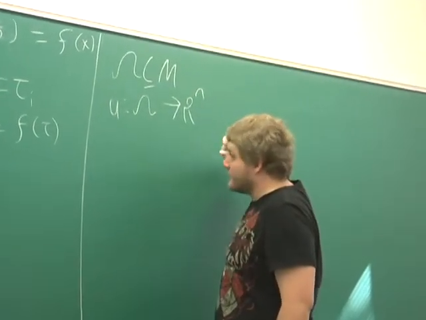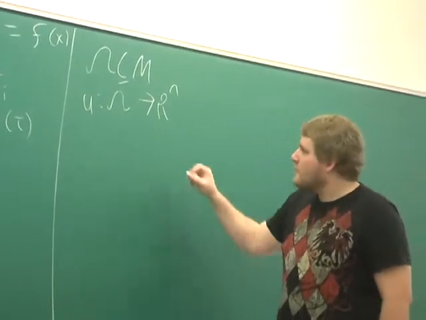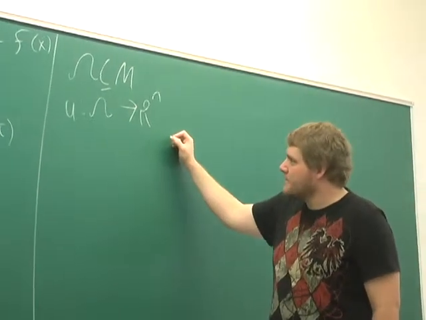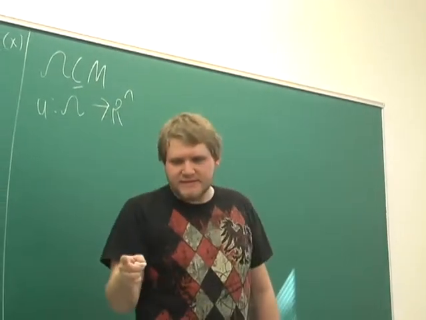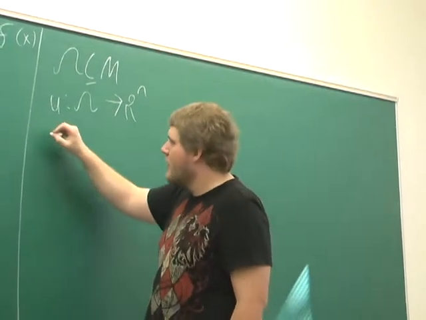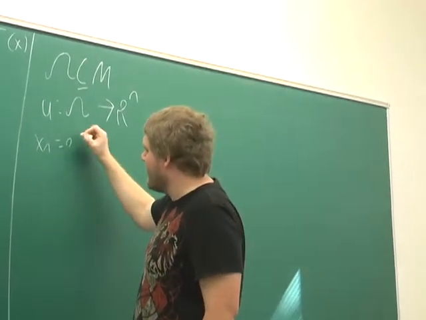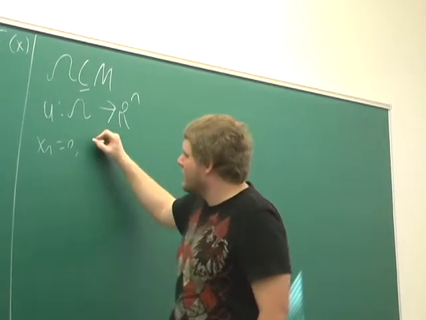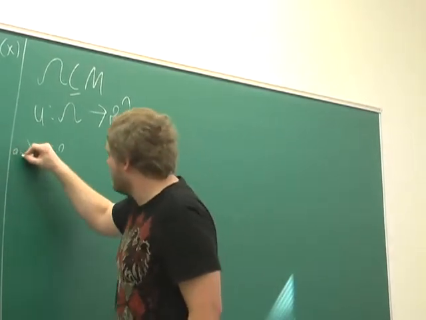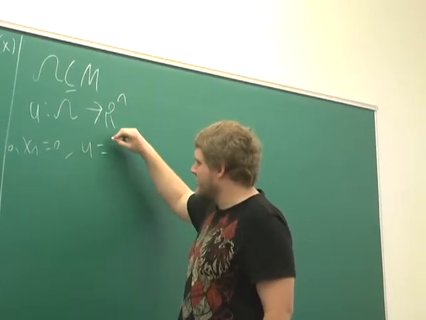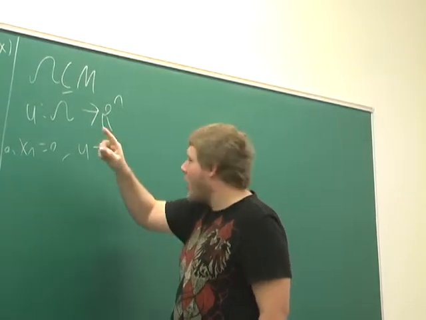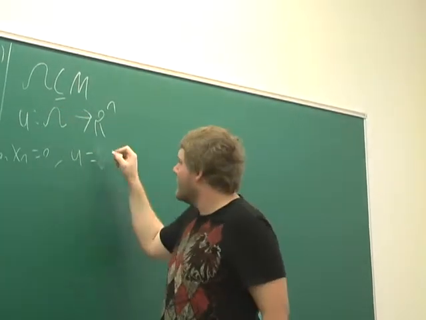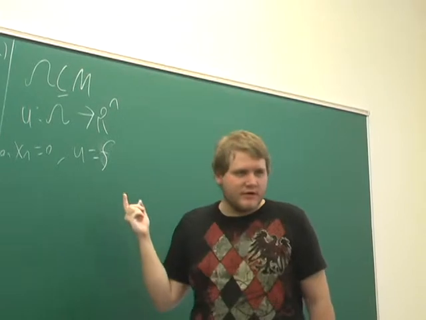Most of this parallels the development we've been talking about. For the coordinates in R^n here, the book says that at our initial condition, we take x_n to be 0. On x_n equals 0, u is equal to some initial function. They call it v. I'll call it f to parallel this. And this is just our initial condition.